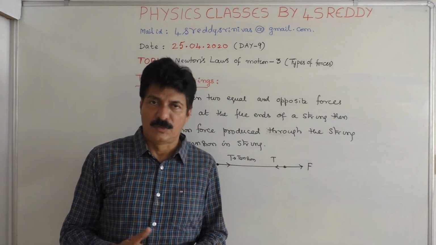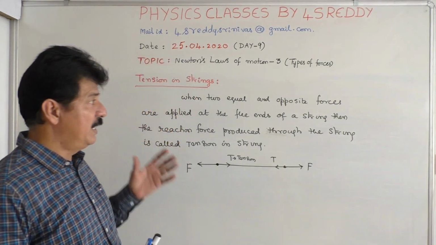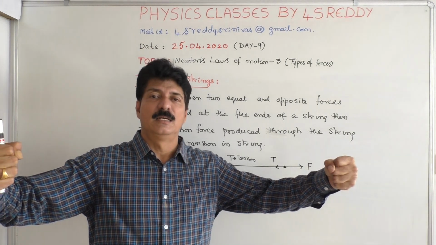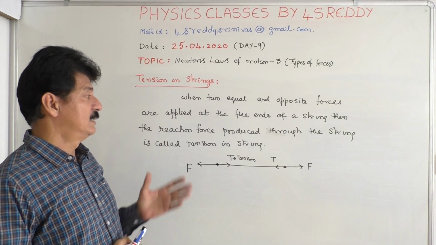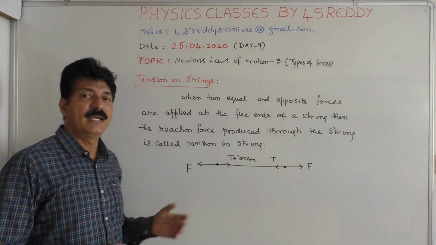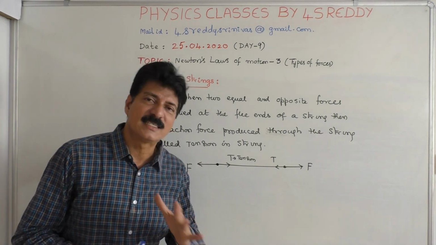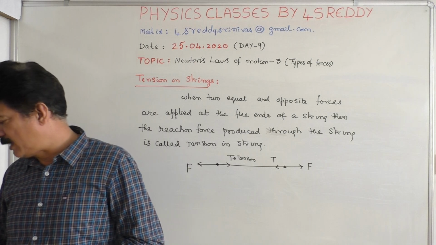So, if it is a string or a rope or a chain, whatever you take, whenever two equal and opposite forces are applied at the free ends, then the reaction force developed in the string is called the tension in the string. So this is the first point we should have.